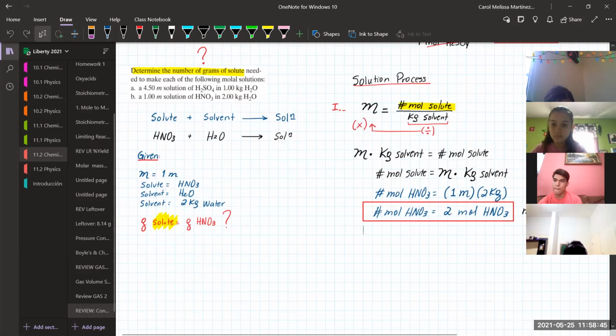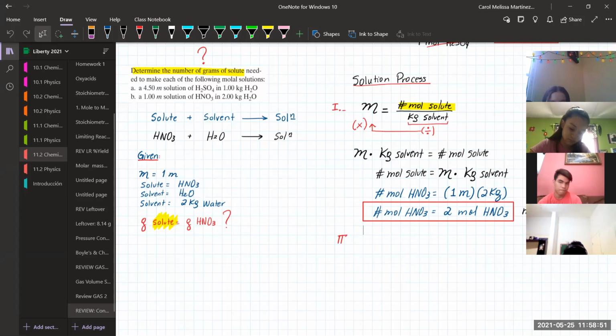So in step number 2, you have to do the conversion from moles to grams. So you need the molar mass of your solute, that is HNO3.